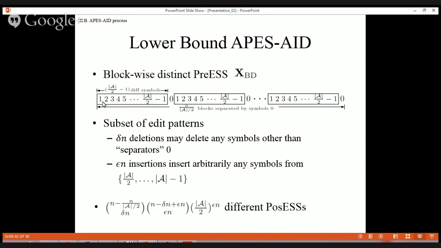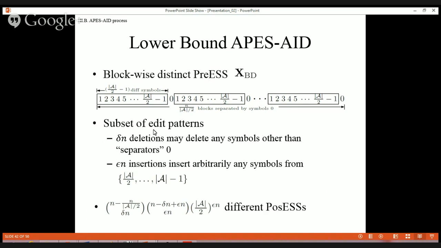In each block, all the symbols are different, and at the end of the block is a fixed symbol, in this case symbol 0, which acts as a separator to indicate the boundaries of each block.